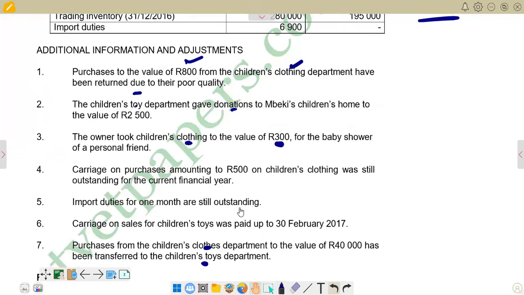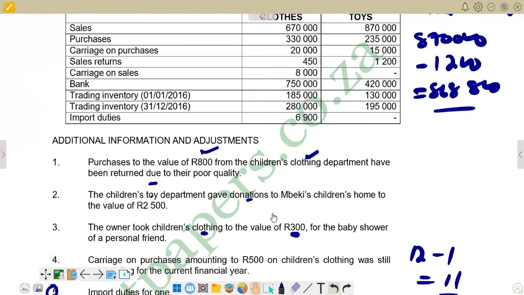So we are told on number 5 that input duties for 1 month was still outstanding. So what it means is if 1 month is still outstanding, remember we've got 12 months in a year. So if you remove one which is still outstanding, it means the one that you are given is for 11 months. So basically, you'd see that input duty 6,900 is for 11 months.